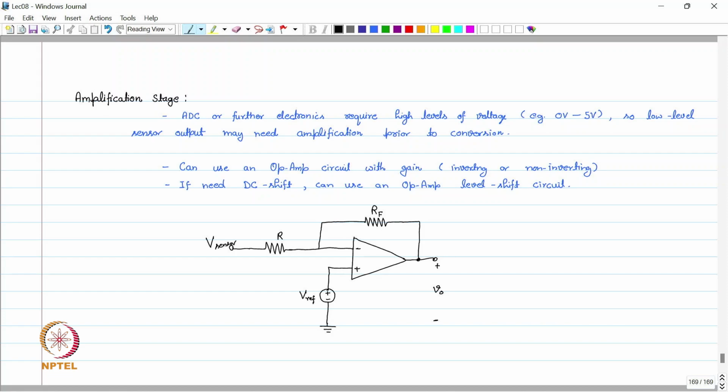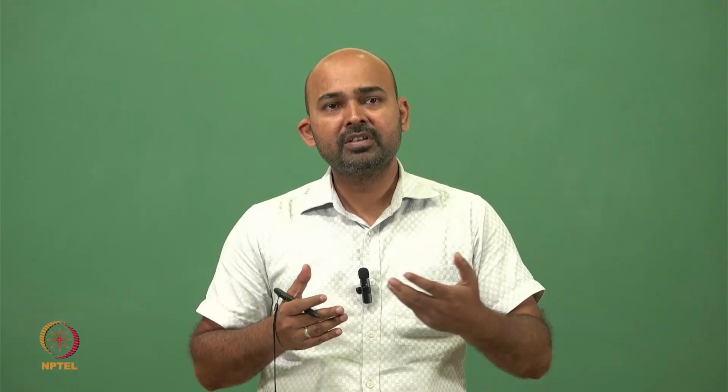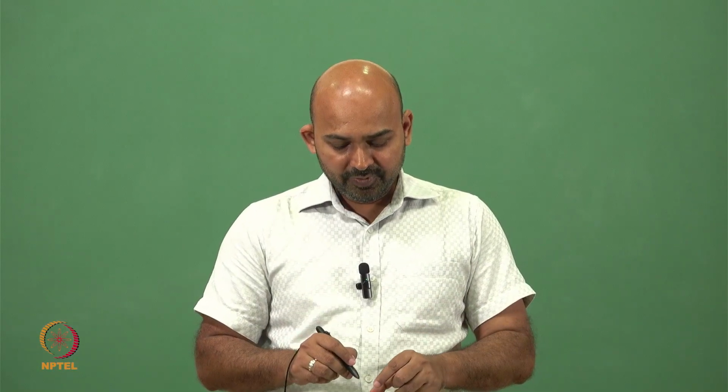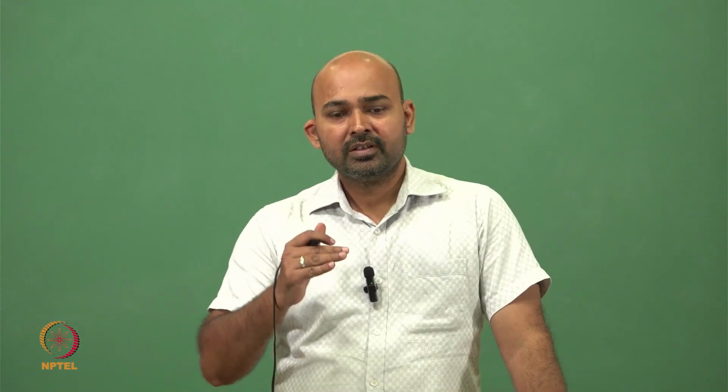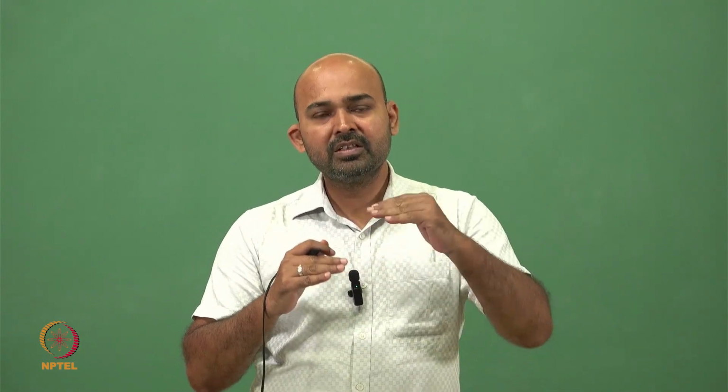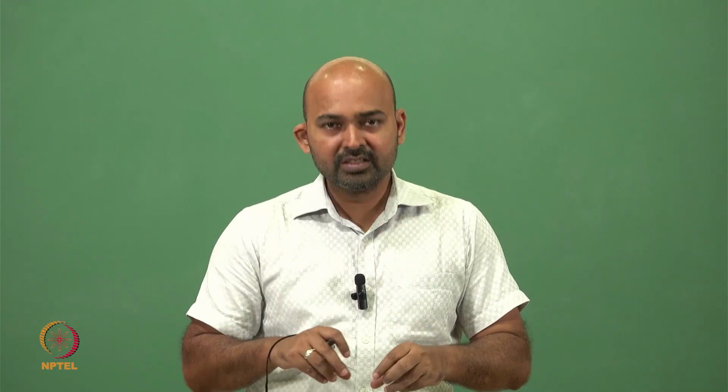In this we have a sensor which is connected to the negative terminal of the op amp using a resistor R, and in feedback we have a resistor RF. So this unit acts as an amplifier. Now on the positive side we can directly connect it to ground so that we don't shift the level of the signal. If we put a voltage source Vref in between, then we can shift the entire voltage by this Vref voltage.